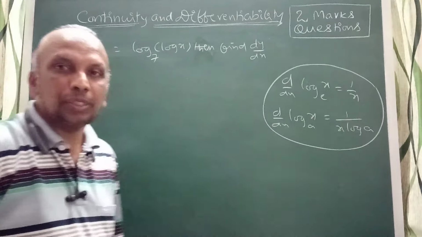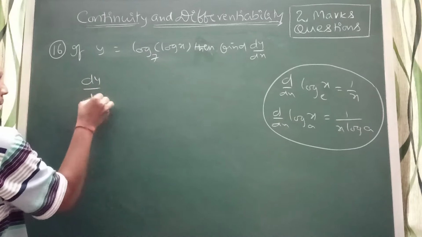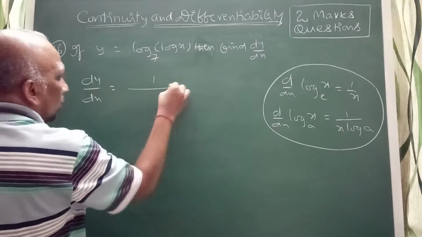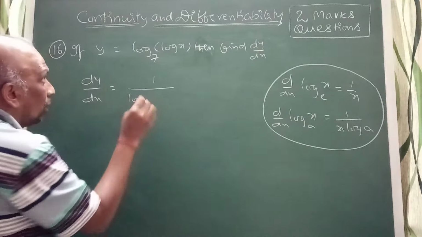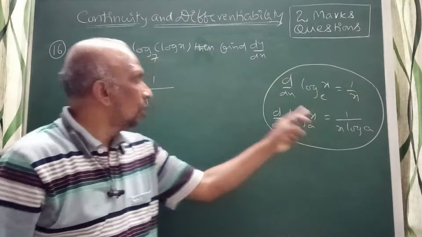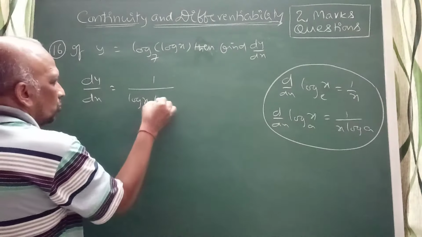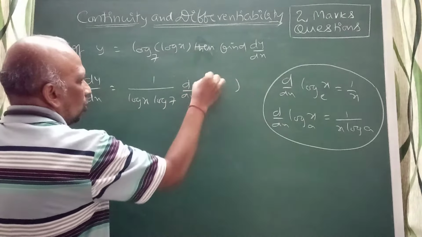You can follow this. So when y is given, dy by dx of log of something is 1 by that something. In the place of x we have log x. Compare with this: in the place of x we have log x, and base 7, so I can write 1 by log x into log 7, into d by dx of log x.